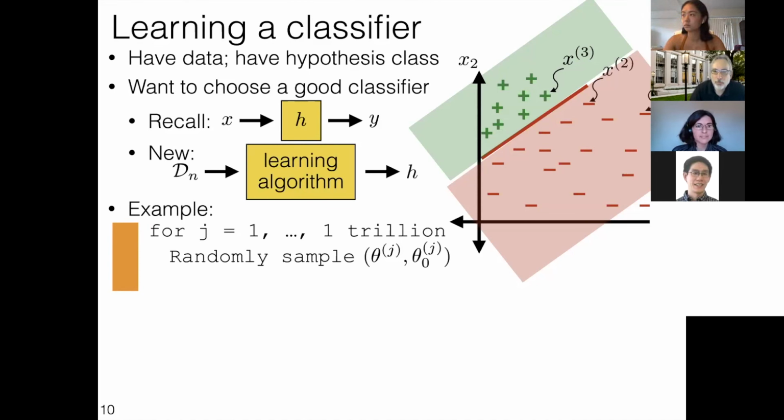They randomly sampled some lines in this X space. I don't know exactly how they did it. They have some distribution over lines. Maybe they'll tell me if I ask, but they came up with a whole bunch of different lines. In fact, 1 trillion different lines, and they made them all into classifiers. So now they gave to me 1 trillion different lines, and they're all different and they're all really interesting.